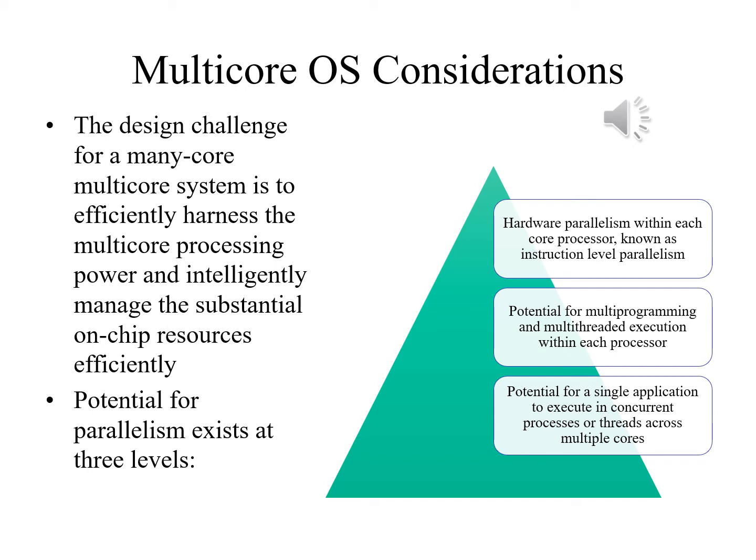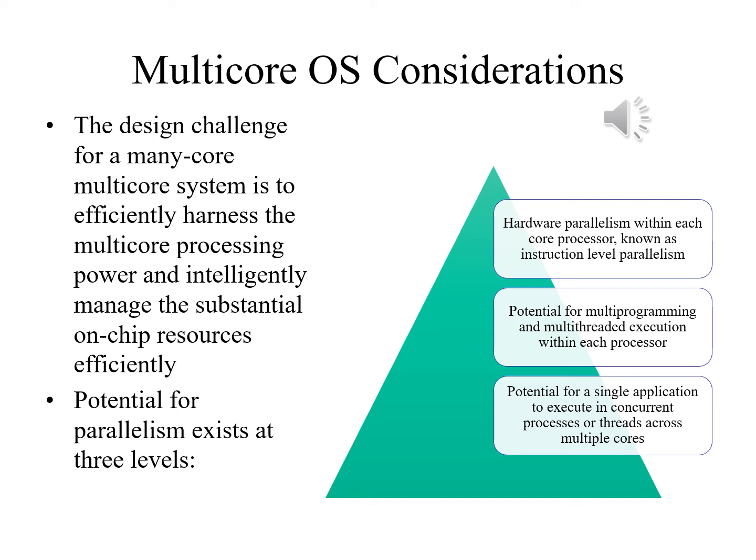The potential for parallelism in fact exists at 3 levels in contemporary multi-core systems. First, there is hardware parallelism within each core processor, known as instruction-level parallelism, which may or may not be exploited by application programmers and compilers.